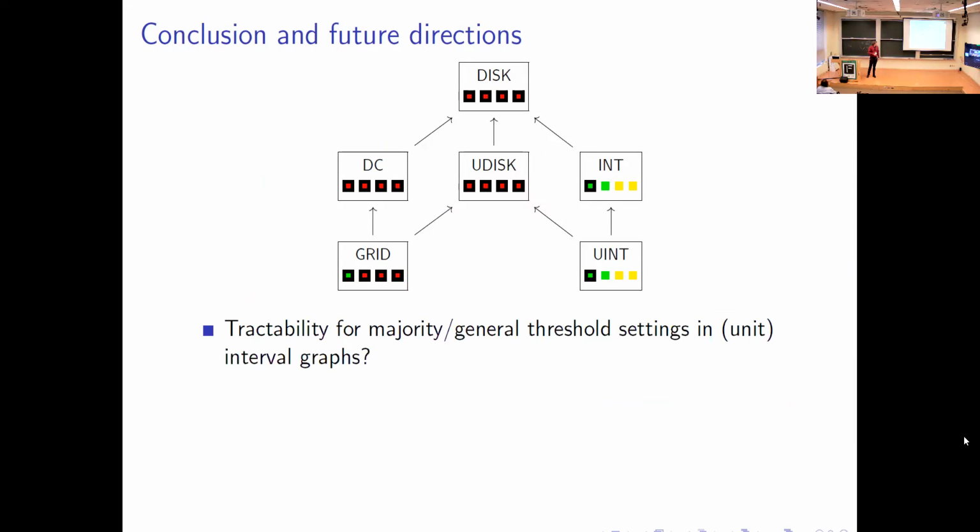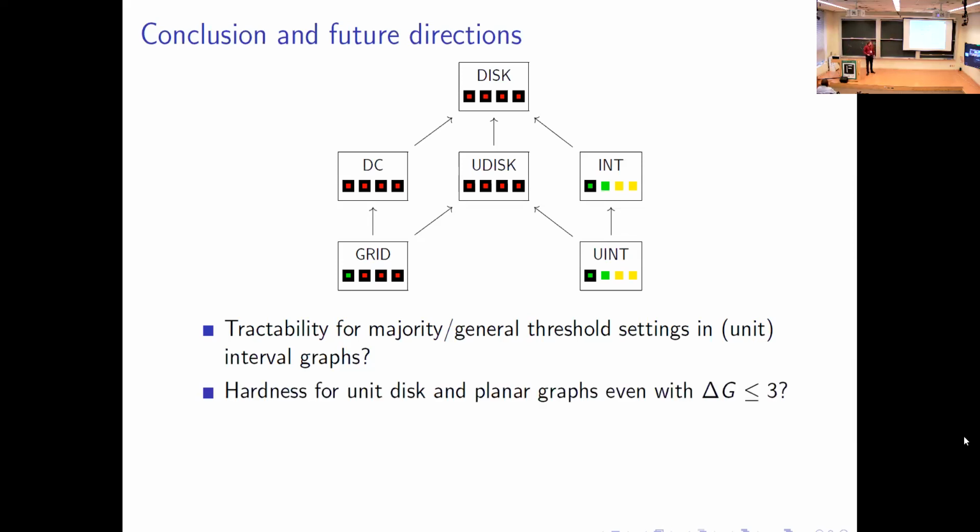So, of course, a natural question is whether we can extend, or is there any tractability results for general thresholds in interval graphs, or maybe it's hard in interval graphs but tractable in unit interval graphs. We don't know. And then there is this question whether we can reduce the degree to be three, because for now we have degree 4.